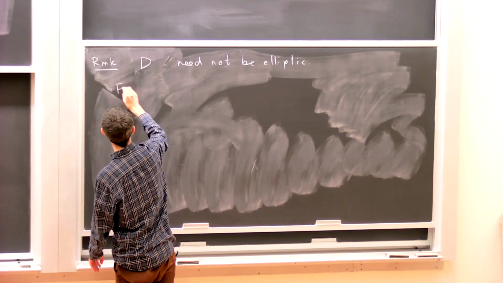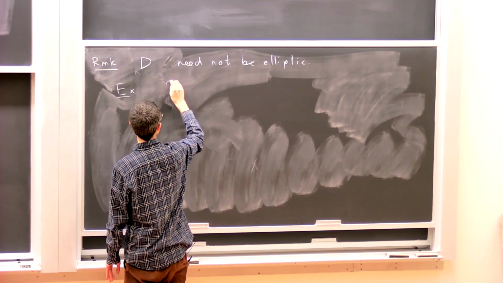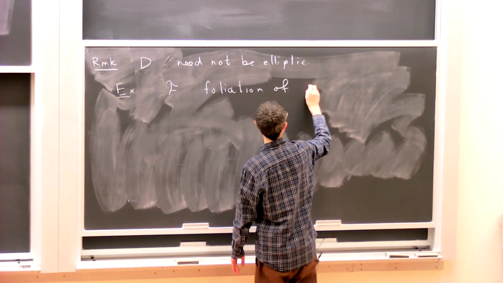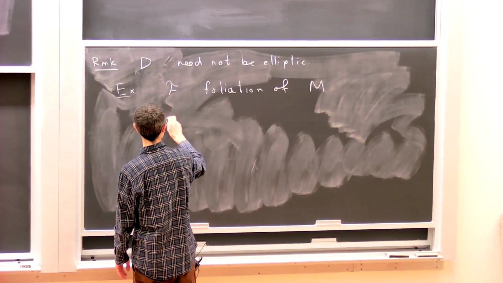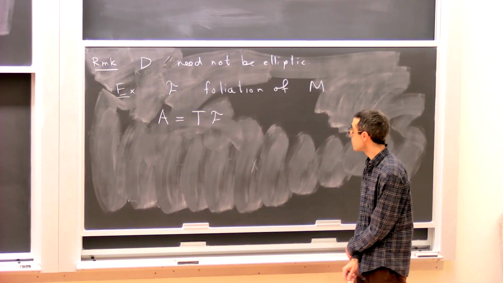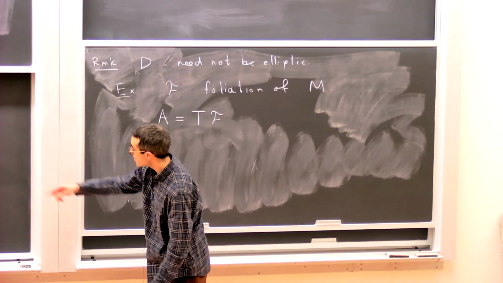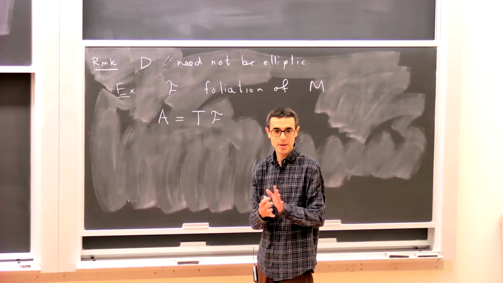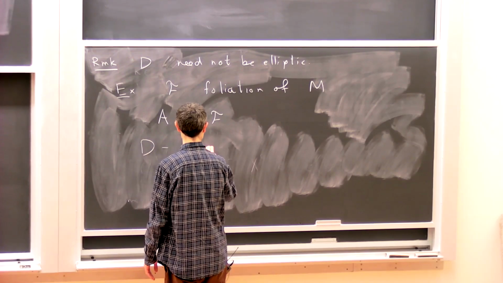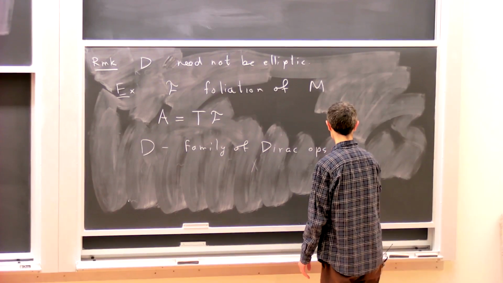For example, if F is a foliation of M, and you take the Lie algebroid to be the tangent bundle to the leaves of the foliation, so this is a Lie algebroid, then what this D will end up looking like is just a family of Dirac operators on the leaves of the foliation.